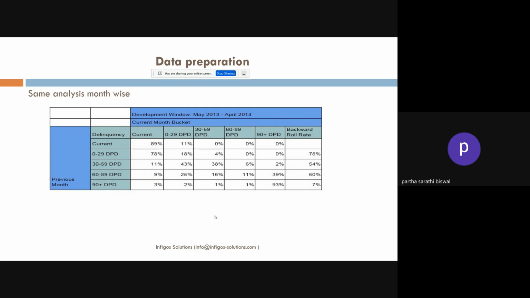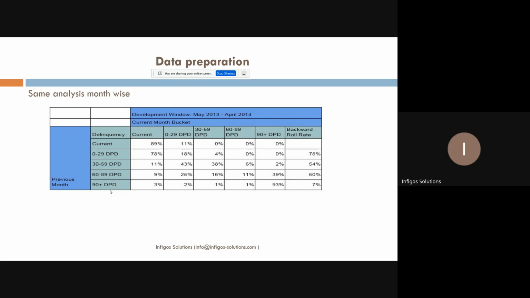So can you just tell, in this case, what should be your bad definition? The flow rate analysis you're doing is to define your bad, right?